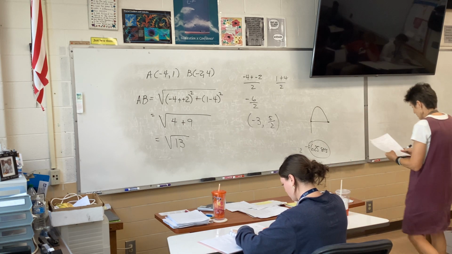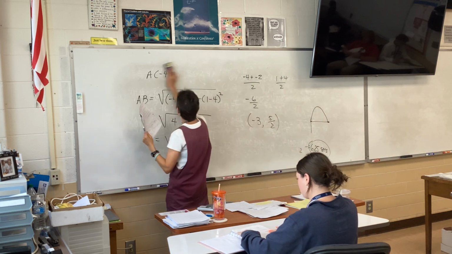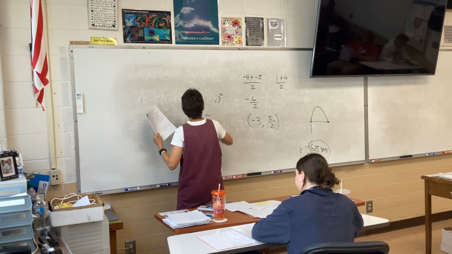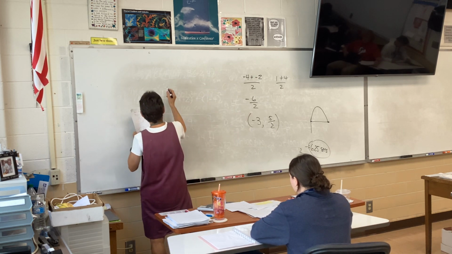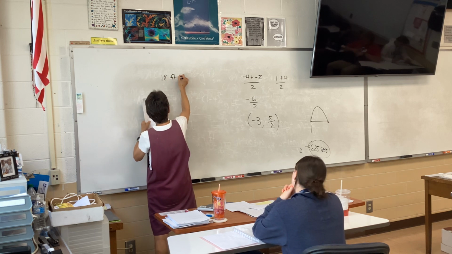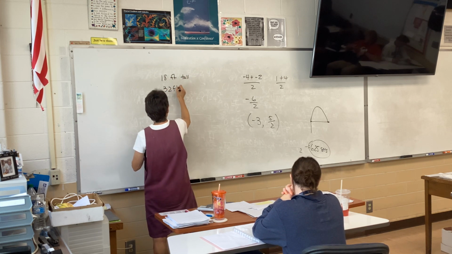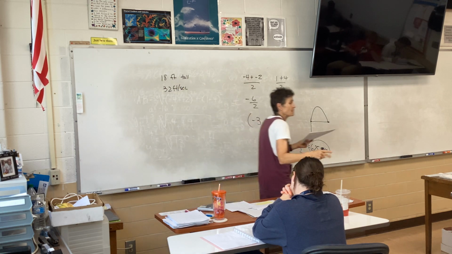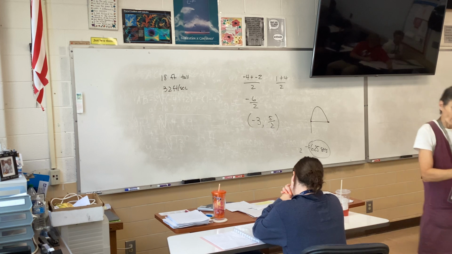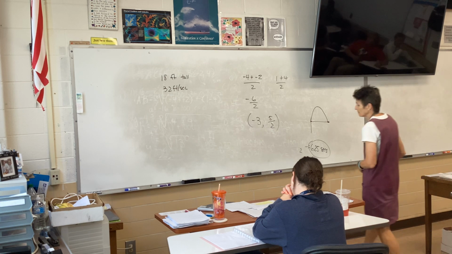Okay, so here, Scout's question is a projectile motion. I'm not gonna write out the whole question, but it gives us, the building is 18 feet tall, and the initial velocity is 32 feet per second, and we wanna answer the same questions we always answer. When does it hit the ground, and how high is it after half a second?